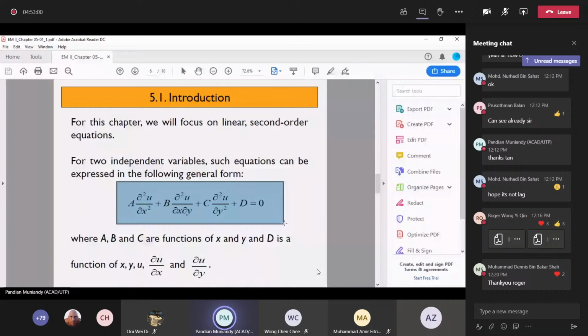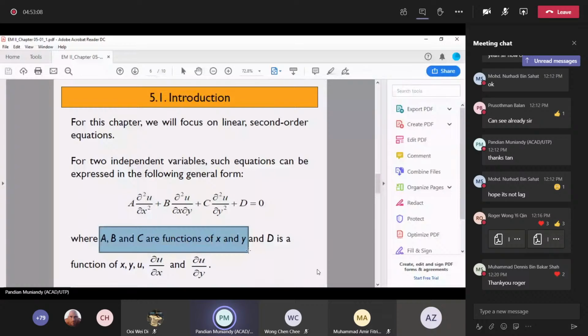A, B, C are functions of x and y, or we can call A, B, C constants, also possible. This is a general term: capital A, capital B, capital C are functions of x and y.